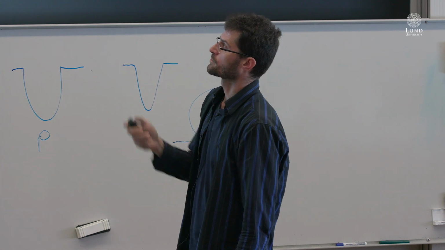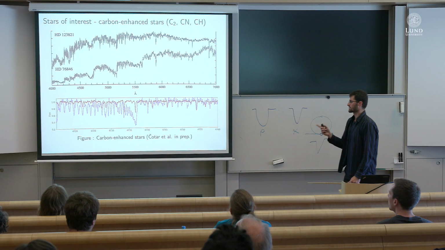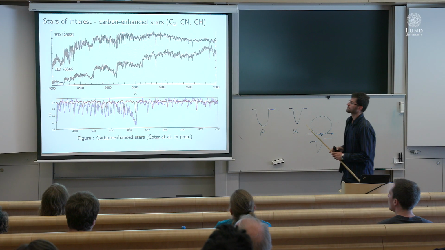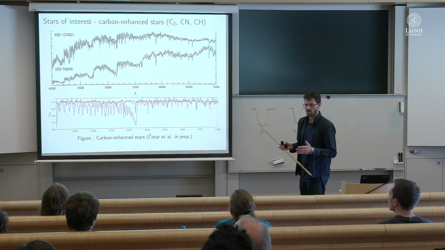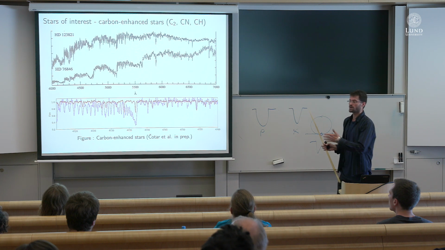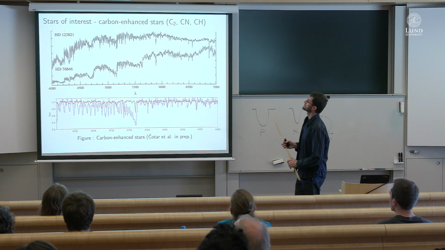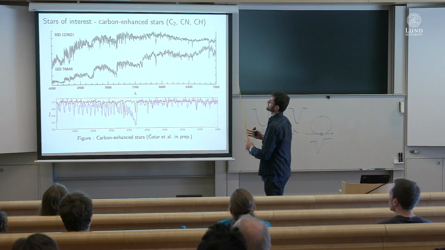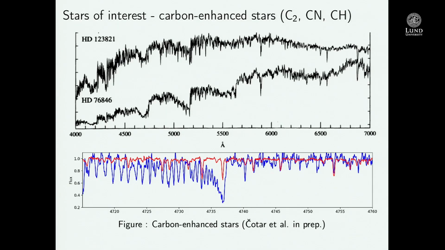Another example would be carbon-enhanced stars. It's something my colleague is working on. So usually in stars, there's a greater abundance of oxygen than carbon. But if it's not like that, if there's more carbon, we can get different carbon molecules. And they cause these wide absorption bands in the spectrum.